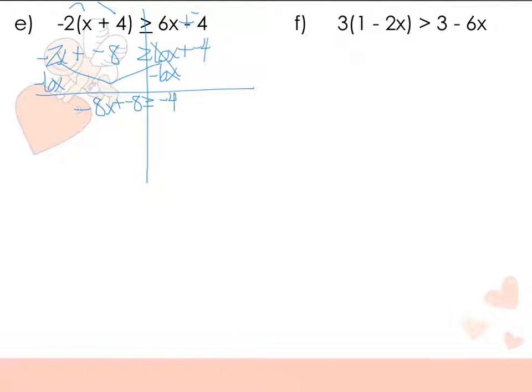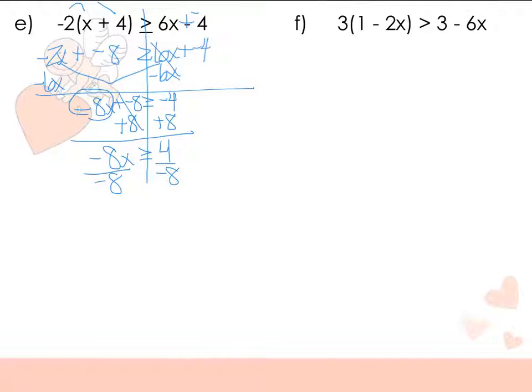Here's the letter we're trying to solve for. So that stays there to the very end. Moving the negative 8 over by adding it. So we have negative 8x is greater than or equal to 4. To get x by itself, we're dividing by negative 8.